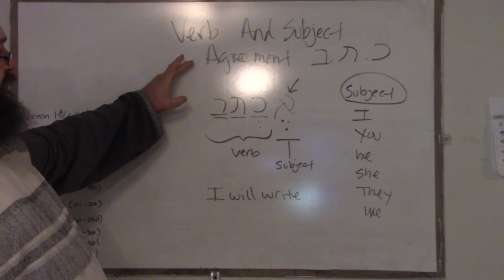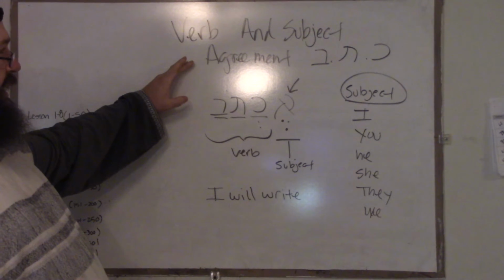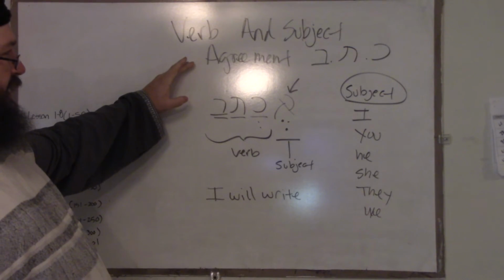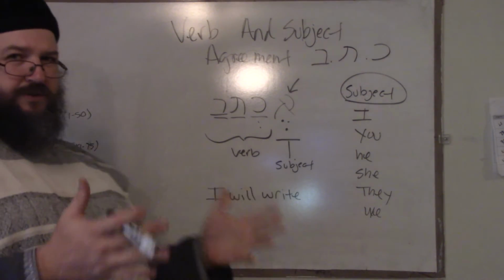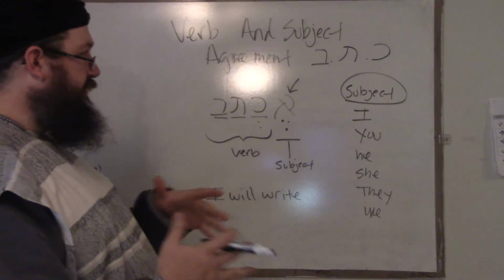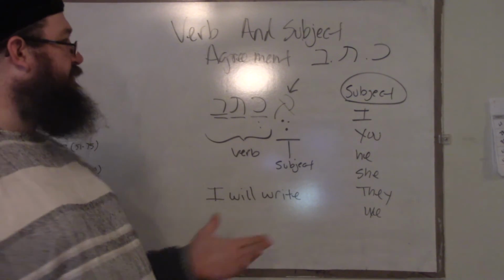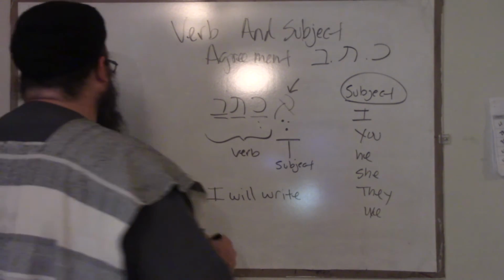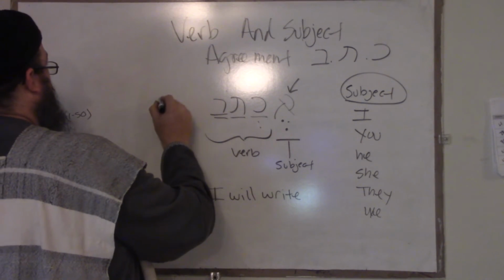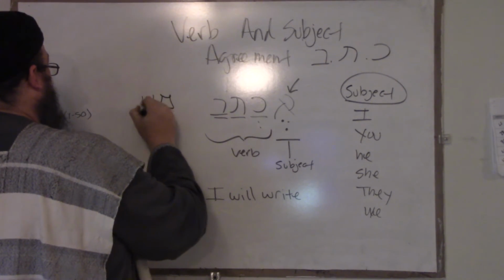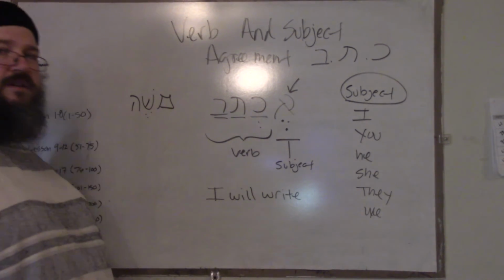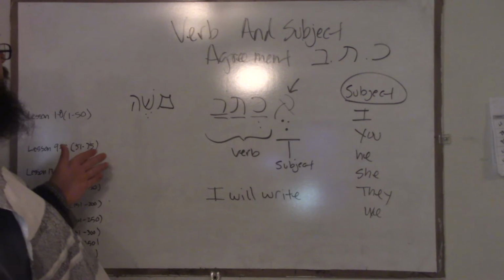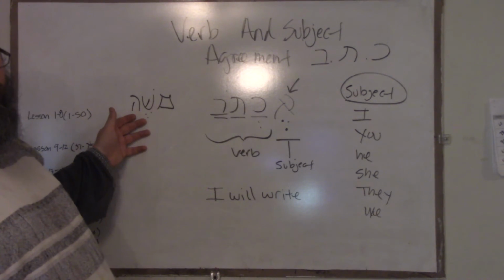If I have a verb and a subject, and the subject is going to be about a person, I have a few ways of doing things. First and foremost, let's say my person is Moshe. Let's say Moshe is my subject, and Moshe is going to say something.